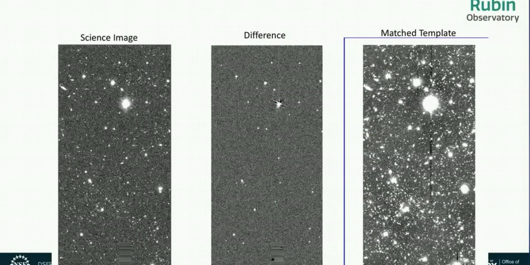Looking at this a little bit more closely, it's important to be realistic when you look at your difference images. This may look kind of busy, but you have to really compare it to what the science image looks like and what the template looks like. And when you look at what appears in the difference image, it really is just the very bright saturated stars from your template.